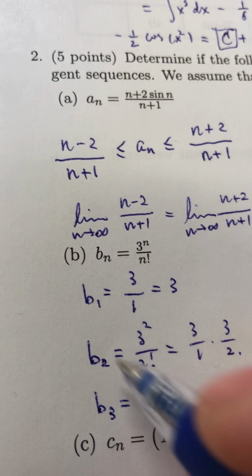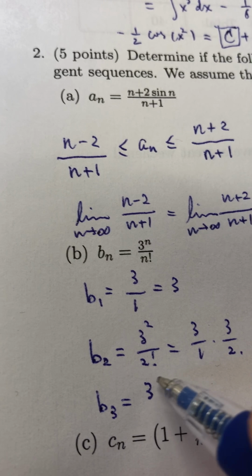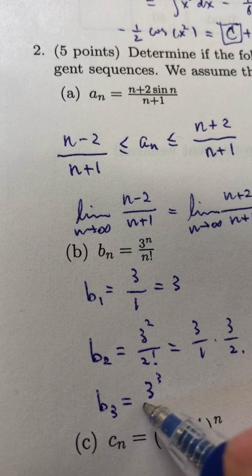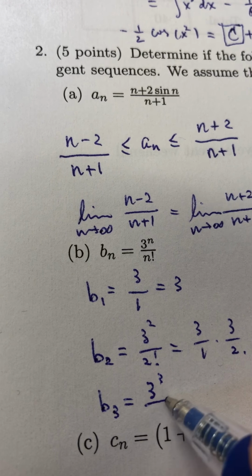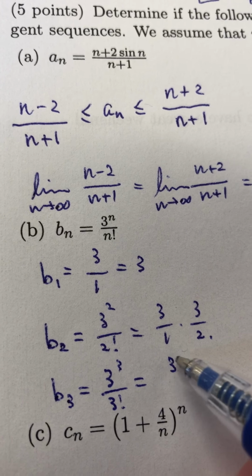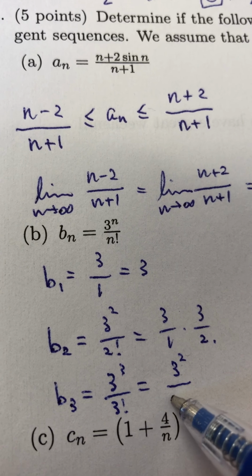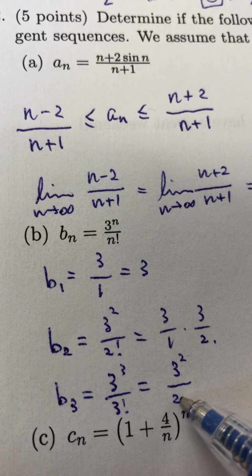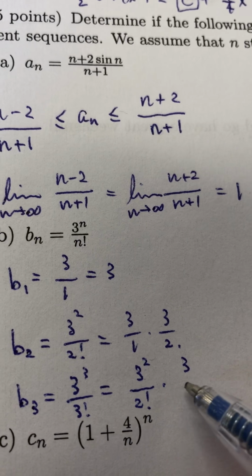Now, let's keep going. b3. By this formula, b3 is 3 cubed over 3 factorial. You can again rewrite it as 3 squared over 2 factorial multiplied by 3 over 3.